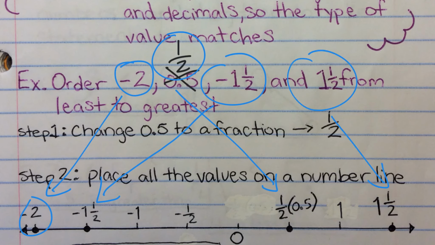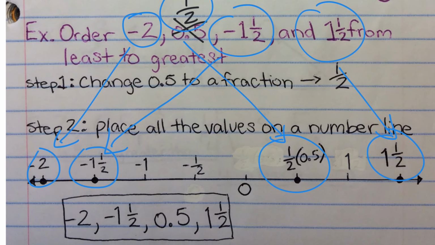There we have all 4 of them. Okay? And if we order these from least to greatest, we start from the left. The left is the smallest. So you've got -2, -1.5, 1/2 or 0.5, same thing, and then 1.5.